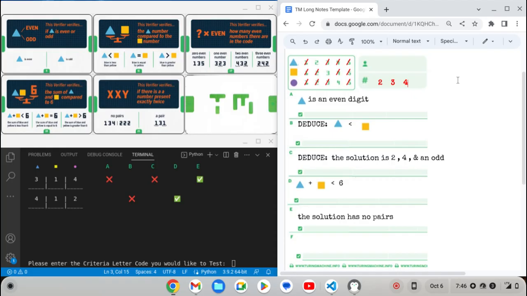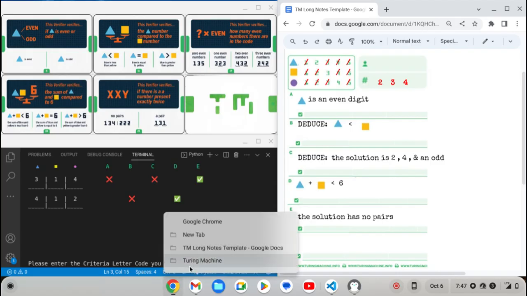Yes. Is it true that the first is smaller than the second? Yes. 2 is less than 3. We deduce that the solution should be 2 and 4 with an odd. Yes, we have 2, 4, and an odd. And the sum of the first 2 is less than 6. That's correct. And there are no pairs. It looks great. Let's go verify.